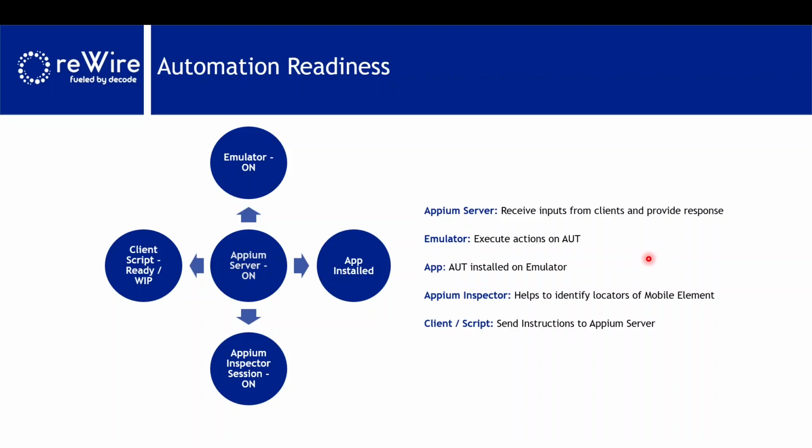The emulator executes actions on the application under test, and the app is installed on the emulator. Appium Inspector helps to identify locators of mobile elements. The client script sends instructions to the Appium server to simulate the actions.